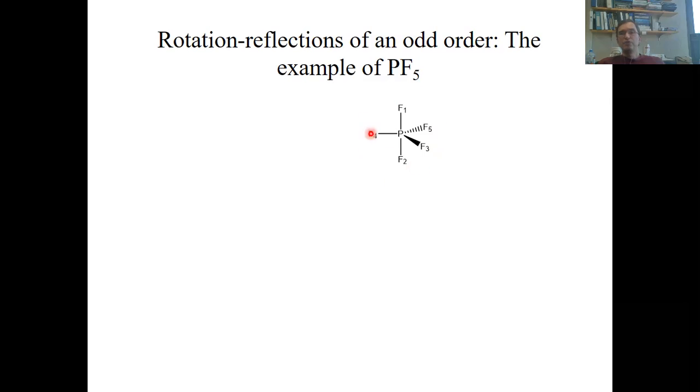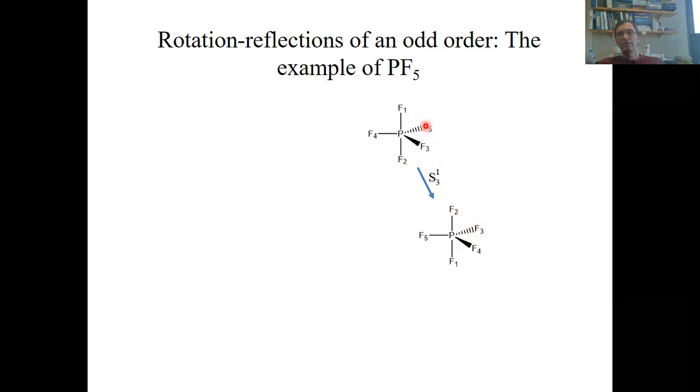So let us just prove that. So here you have again the PF5 molecule, and your fluorine atoms are labeled 1, 2, 3, 4, 5. Carrying out the symmetry operation just one time will swap the positions of these two, and will rotate all the atoms in the equatorial plane by 120 degrees counterclockwise.